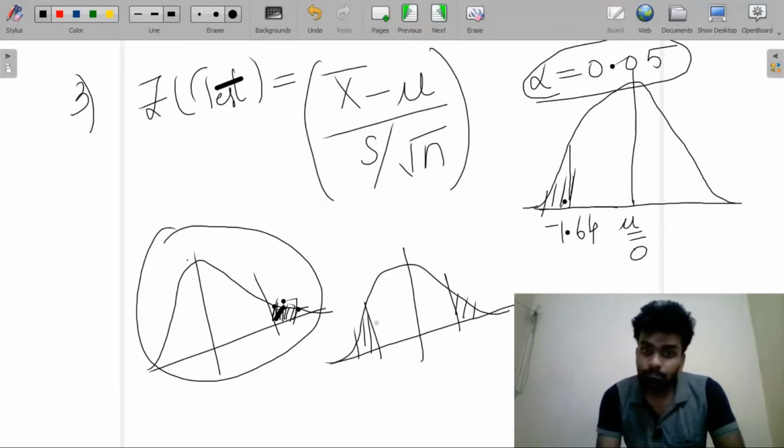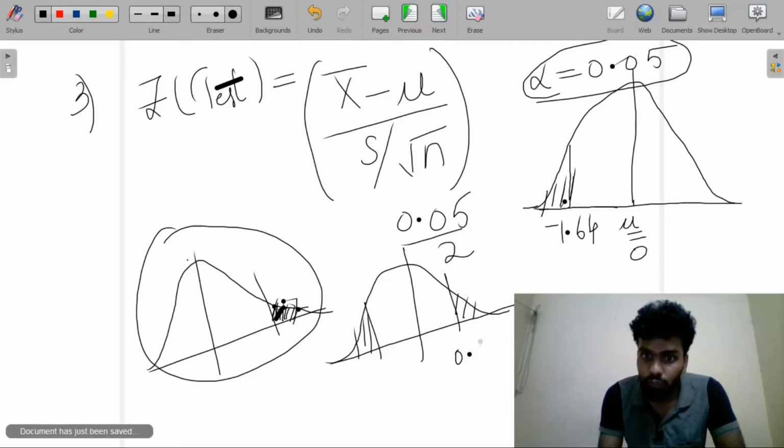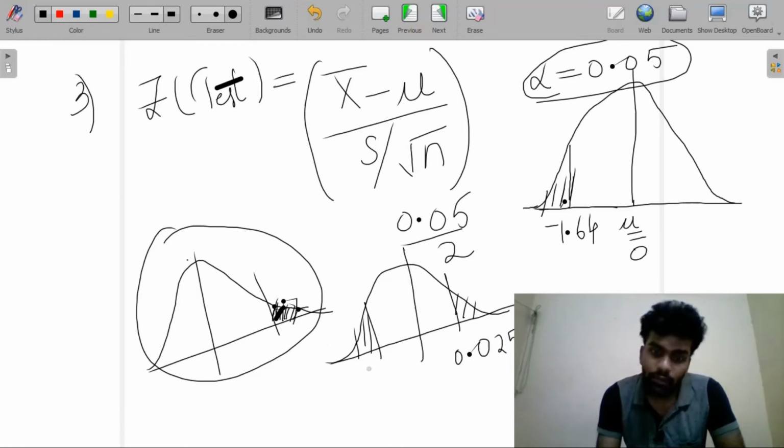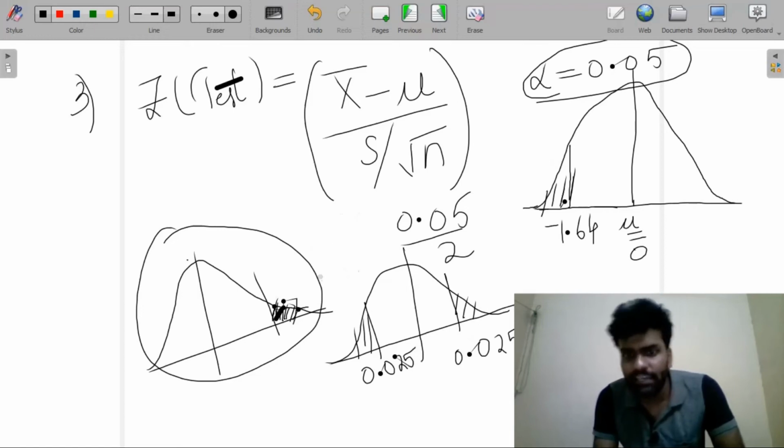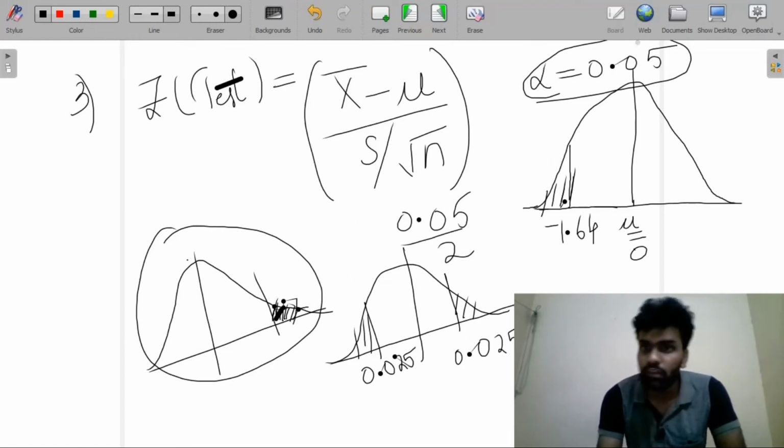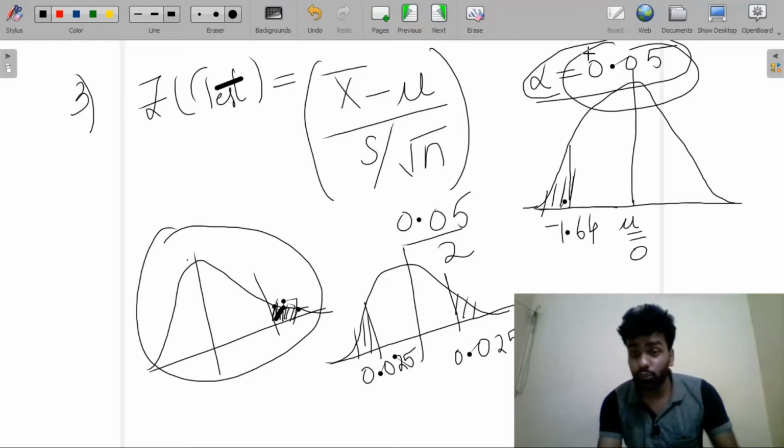And if it is a two tail test, 0.05 divided by 2, it means we should calculate the z value for 0.025, and similarly on this side it will be 0.025. If it is a two tail test, we divide this 0.05 by 2. If it is a right tail test or left tail test, we find the z value for 0.05. That's what you want to understand.